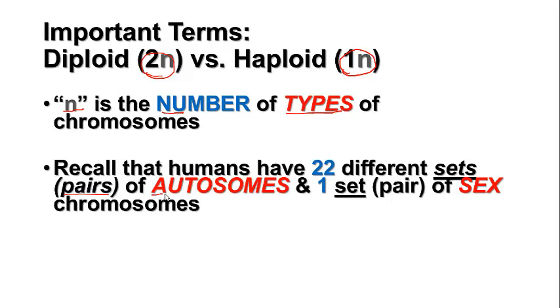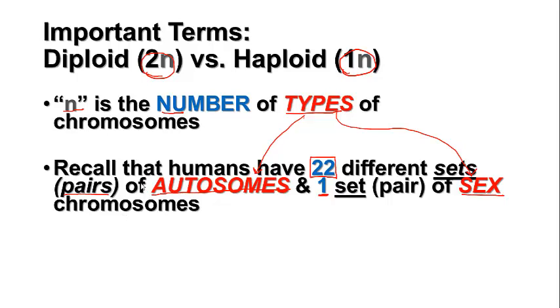All right, so the autosomes are the type of chromosome, and the sex chromosomes are also another designation for a specific type of chromosome. All right, for example, within the 22 different autosomes, there are pairs of chromosomes, and within the specific one set or pair of sex chromosomes, there are two chromosomes.